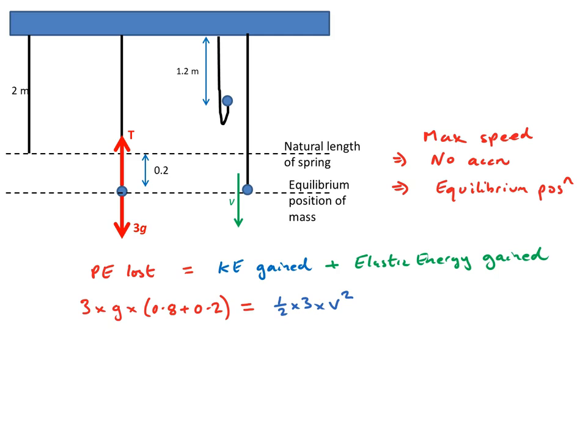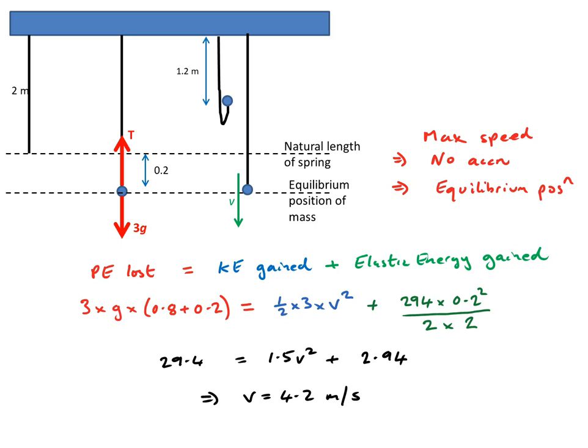So we've got lambda times x squared divided by 2a, so that's 294 times 0.2 squared divided by 4. If we work out each of the terms separately, we have 29.4 equals 1.5 v squared plus 2.94. So that ends up giving me v equals 4.2 meters per second.